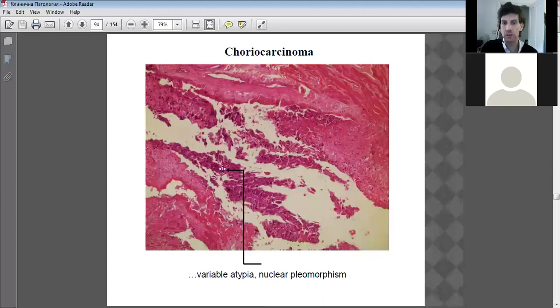Pleomorphism means the mass of them, there's lots of them all over the place. There's not really any examples apart from this area. The tumor has really destroyed the rest of the normal tissue, massive necrosis everywhere.